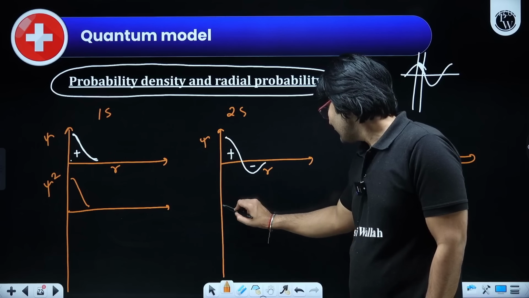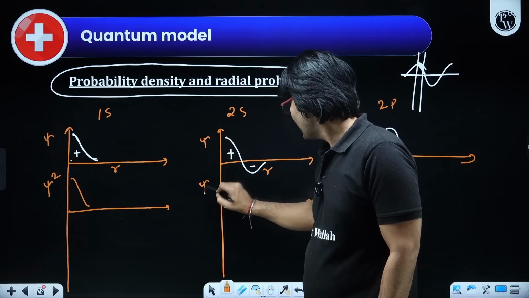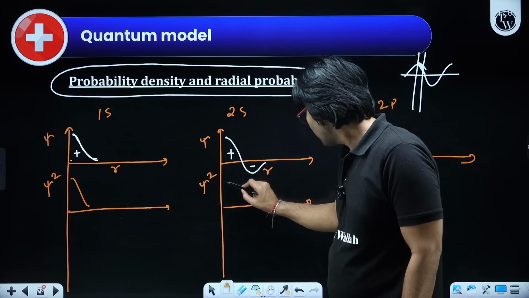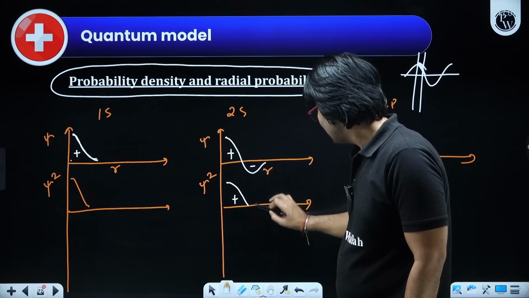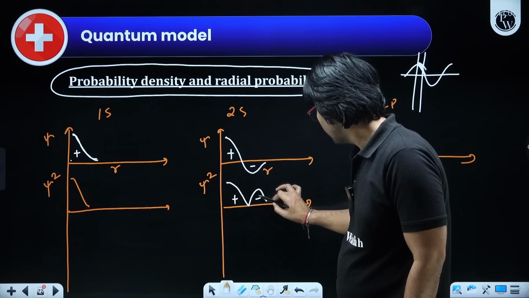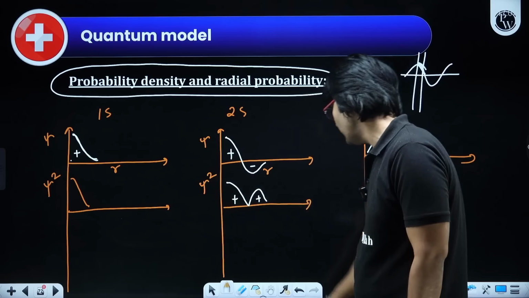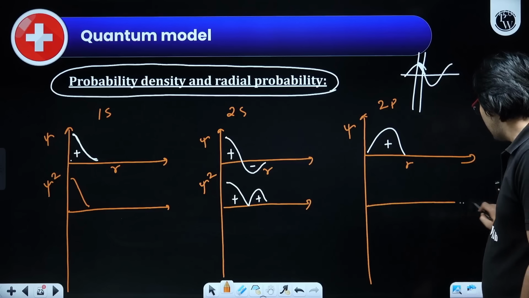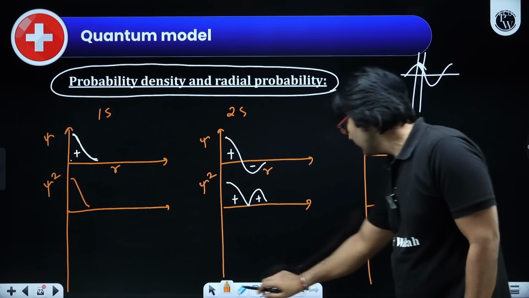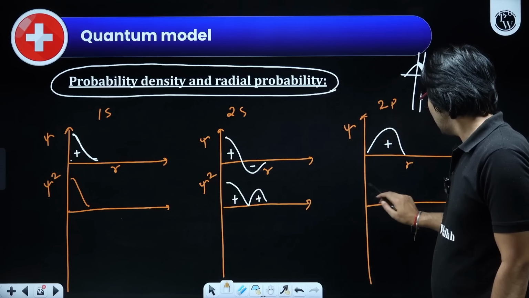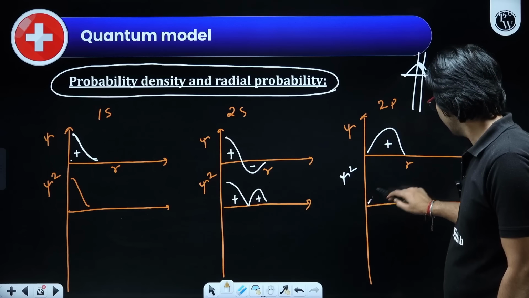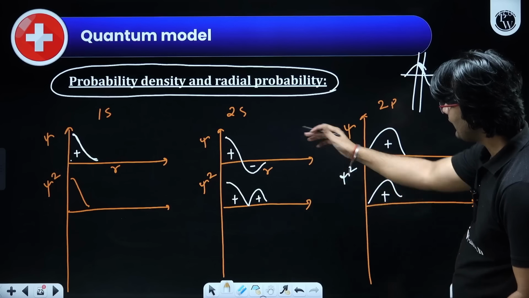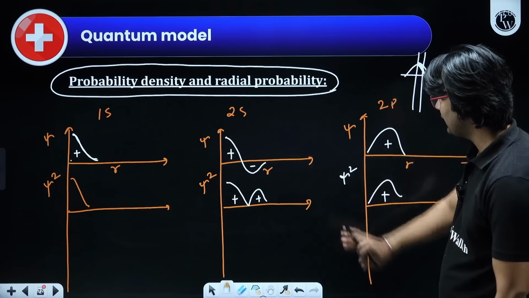But in case of 2s, when you plot psi square, the positive part will remain as it is, but this negative part will become positive, because square functions can never be negative. And in case of 2p, because the psi values are always positive, the graph of psi square will remain the same. So from psi to psi square, we have a change only in the 2s orbital. The negative part becomes positive.